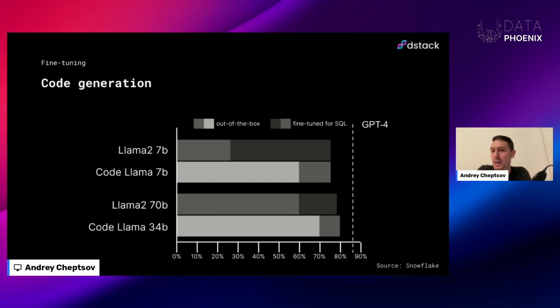So here is some study by Snowflake, where they fine-tuned models of different sizes for a specific use case, code generation.